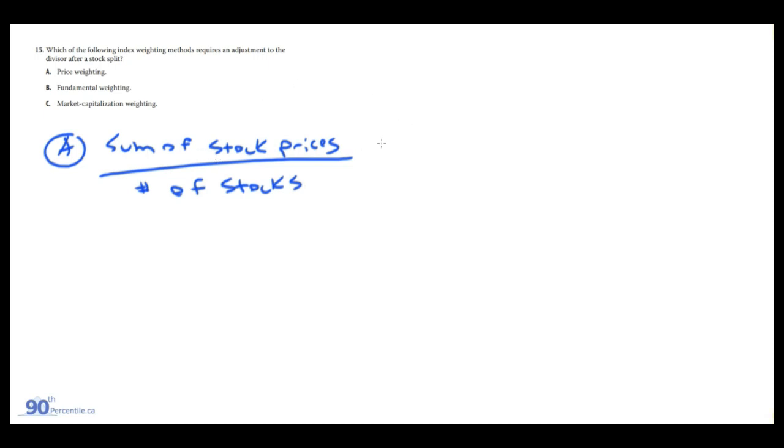So here you can see that a given percentage change in a higher price stock would have a greater impact on the index value, right? And then for B, the fundamental weighting, there's no defined formula for this really, because in a fundamental weighting, you're weighting the index based on some sort of metric.